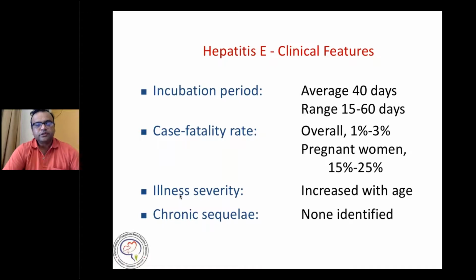Illness severity usually increases with age. Chronic sequelae are usually not identified, except in those who are alcoholic and those who have diabetes mellitus, where the virus is known to survive in the body for more than 6 months.